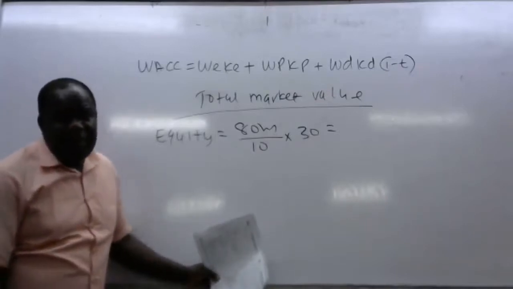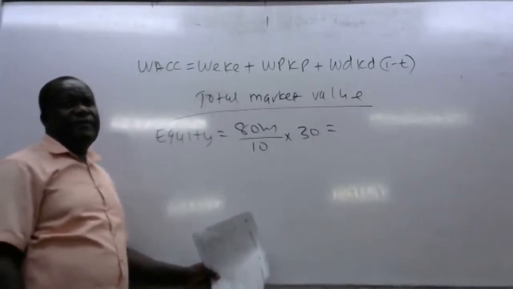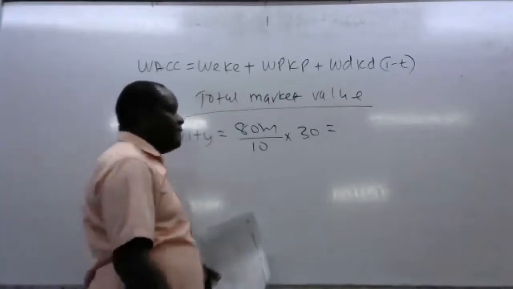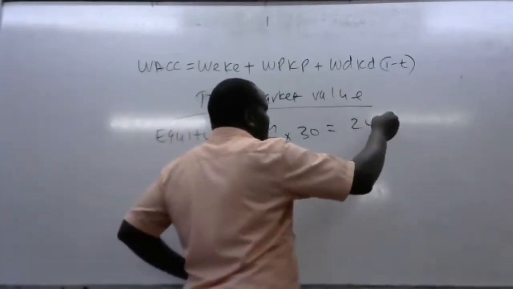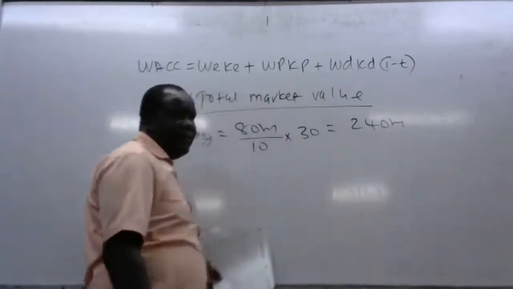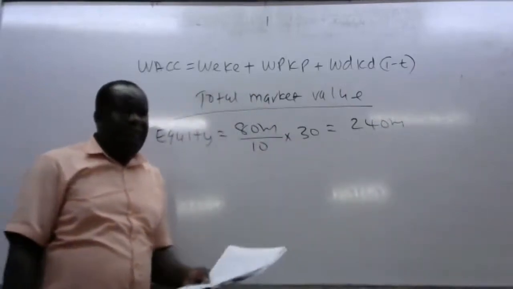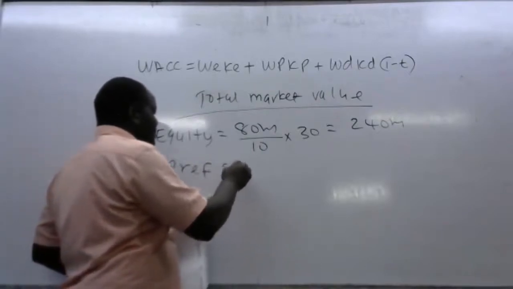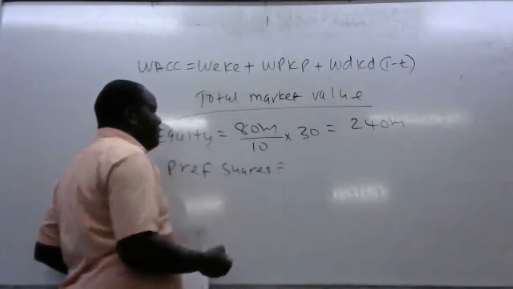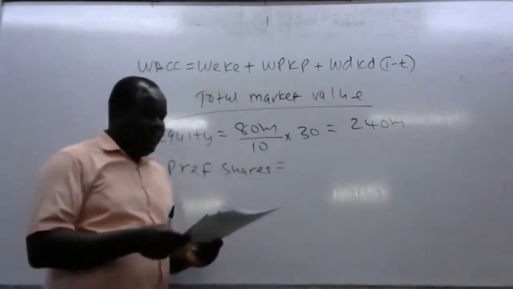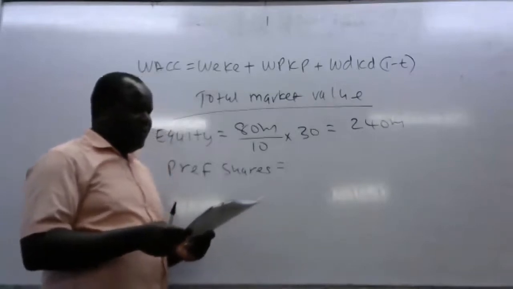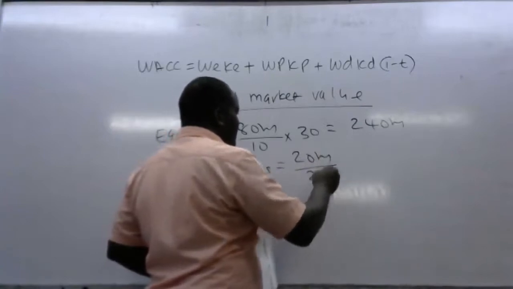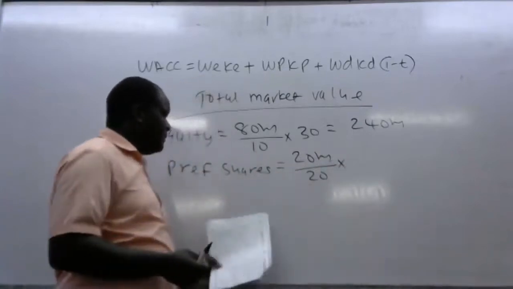So that will give us around which figure? We get 214 millions. Then the next one is meant to be the preference shares. It will be 20 millions, also divided by the par value, which is 20.